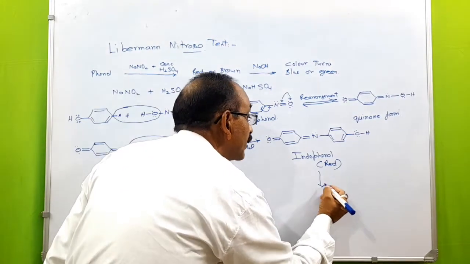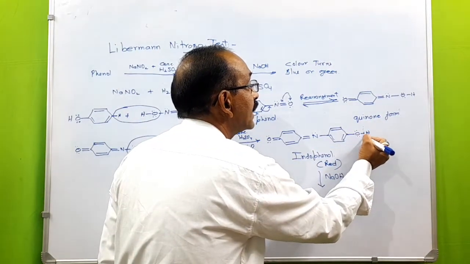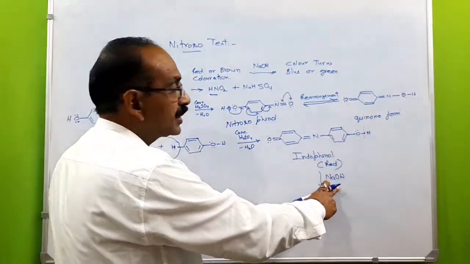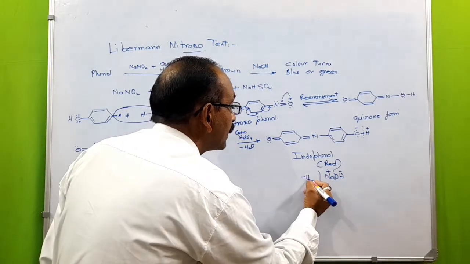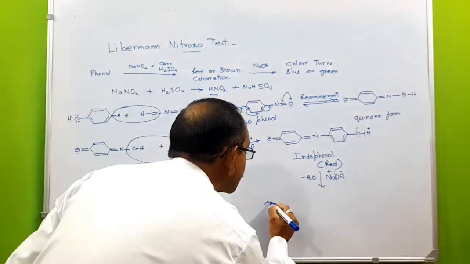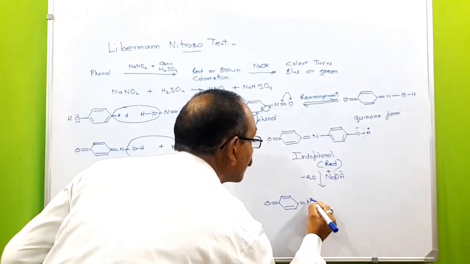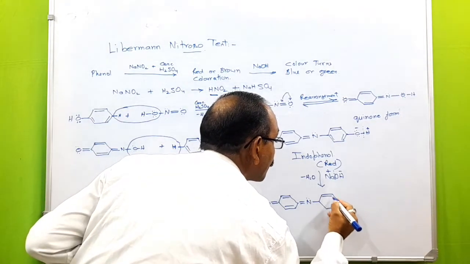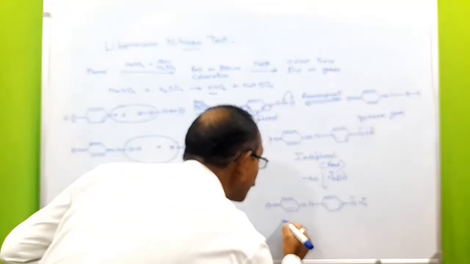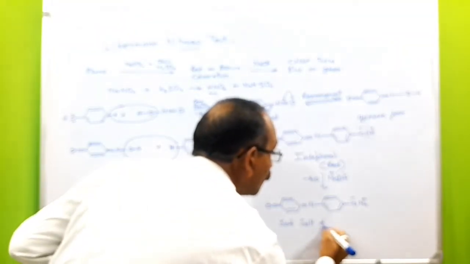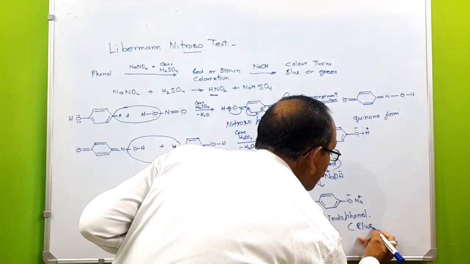Now, when we add an alkali here, this indophenol is acidic in nature due to the presence of this active H. So on adding NaOH, the H plus sets free with the OH minus of the alkali in the form of water, and we obtain here the sodium salt of indophenol, and this one is blue.